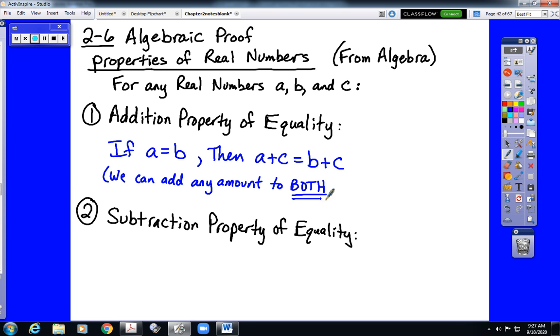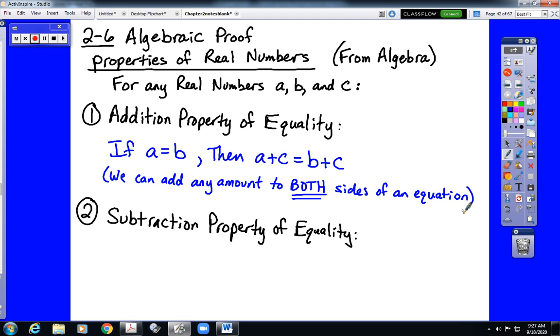We have to add it to both sides of any equation. That is what that is saying in words.